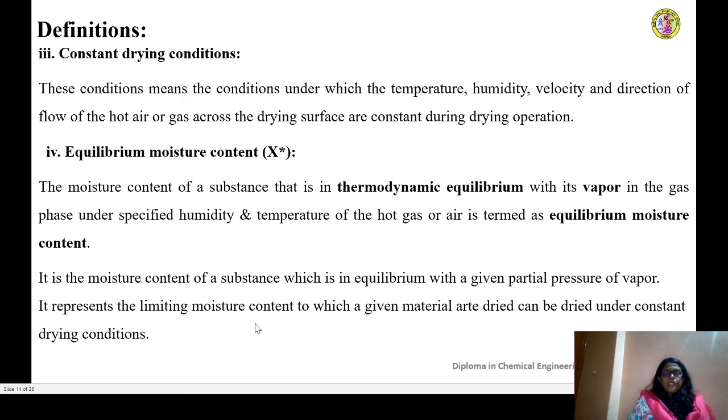It represents the limiting moisture content to which a given material can be dried under constant drying conditions. So that means this is the moisture content of the given substance up to which you can dry the given material under the given conditions in a drying operation. So that is what is meant by equilibrium moisture content.